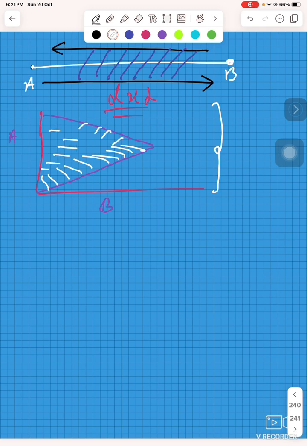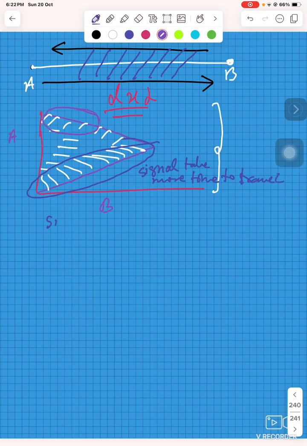Here we will see that at this point, these signals take more time to travel. Over here, I'll just circle the main part, less time.